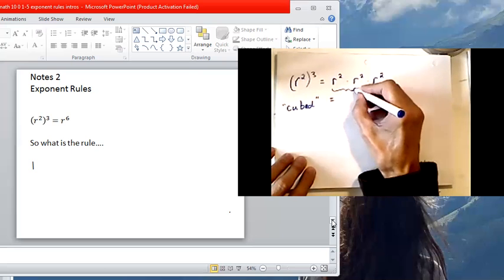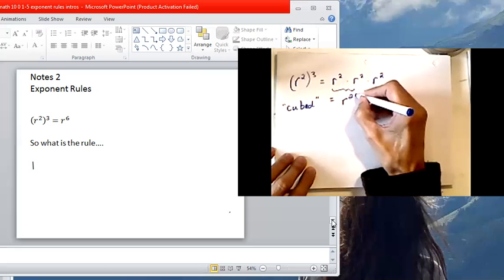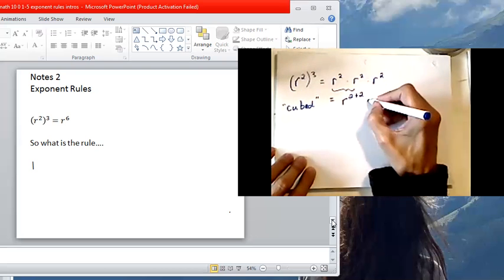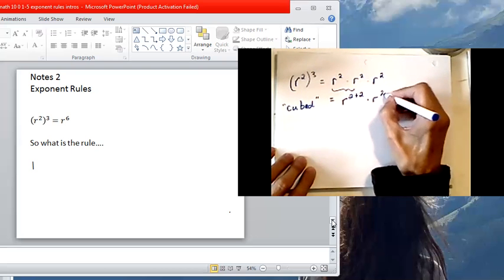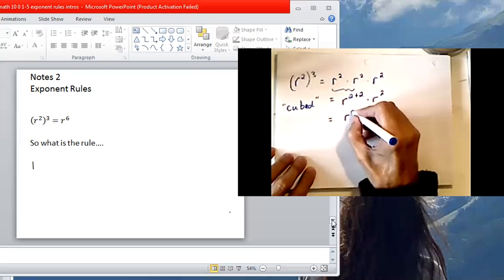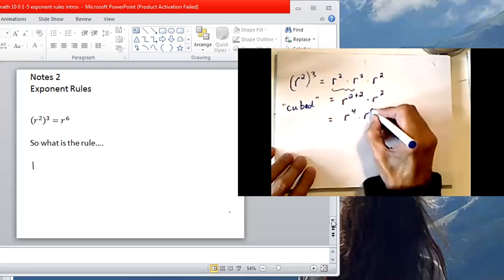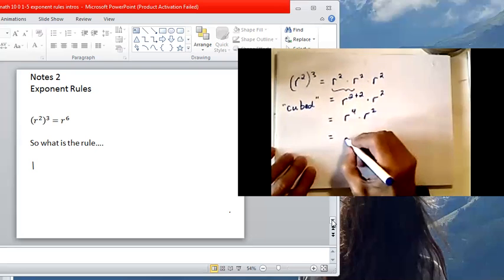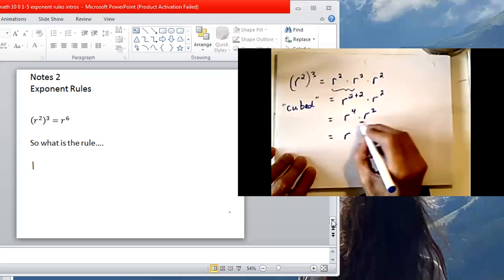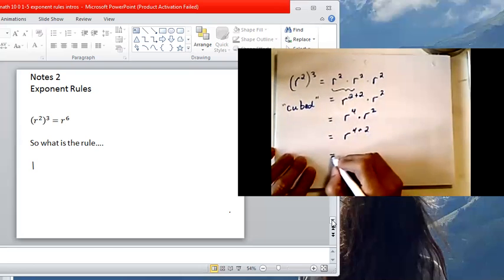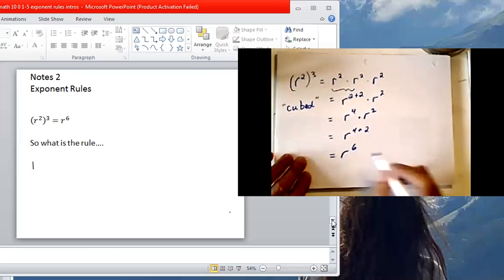So looking at these two, that's r to the 2 plus 2. We could do it all at once, right? These have the same base that are multiplied. 4 plus 2, and we get a final answer of r to the 6.